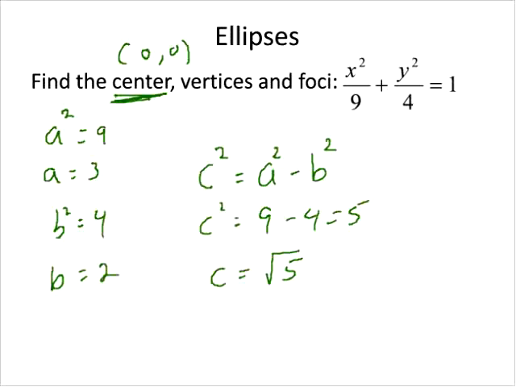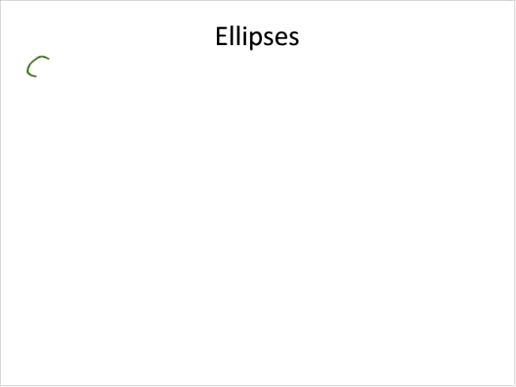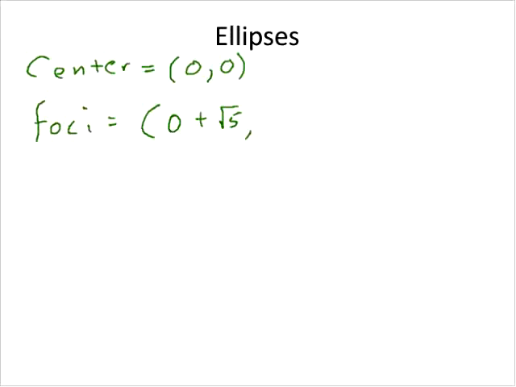So let's find the other stuff, the vertices and the foci. So if we said the center was at (0, 0), well, the foci, there's going to be two of them again. One of them is going to be at 0 plus the square root of 5, comma 0, which of course is just (square root of 5, 0).